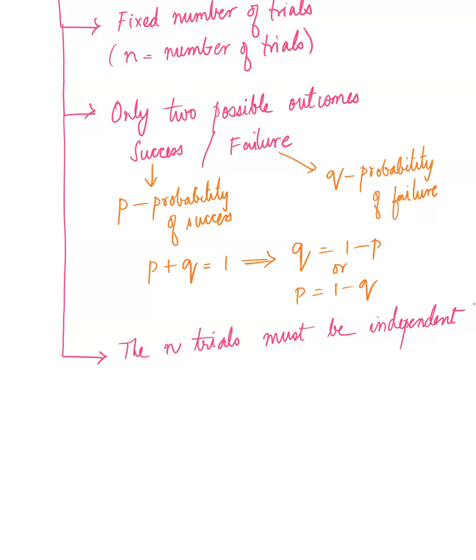So they must not be interfering with one another. They must be independent. They must be separate from each other. One should not influence the other. Okay, so they must be independent and should be repeated using identical conditions. You can't keep changing your factors or players with each trial. They must be identical. So I would say and repeated using identical conditions.